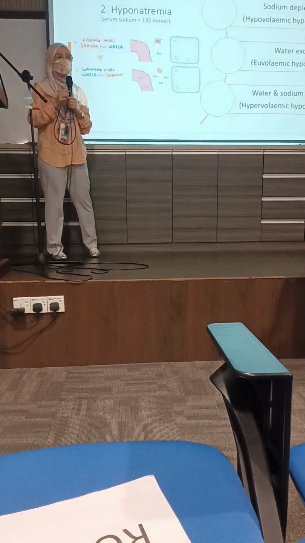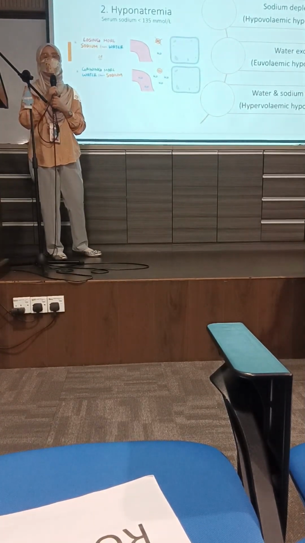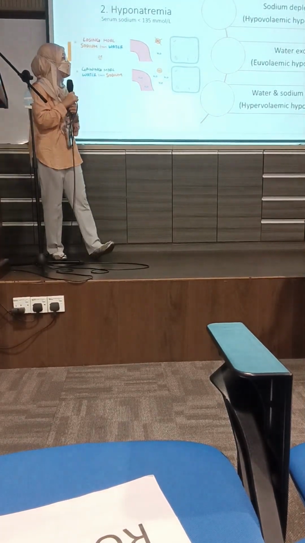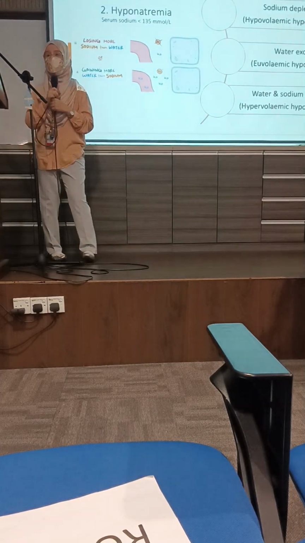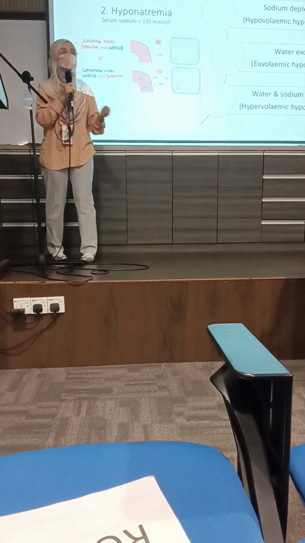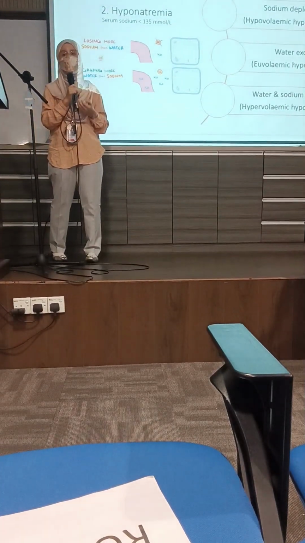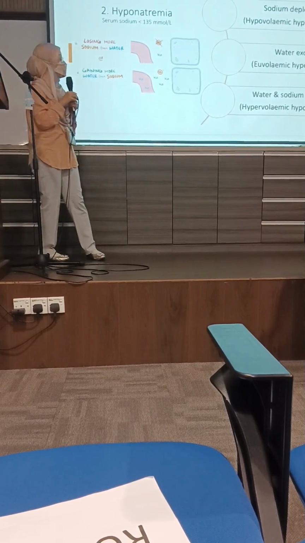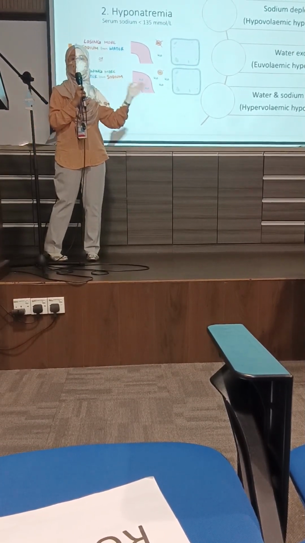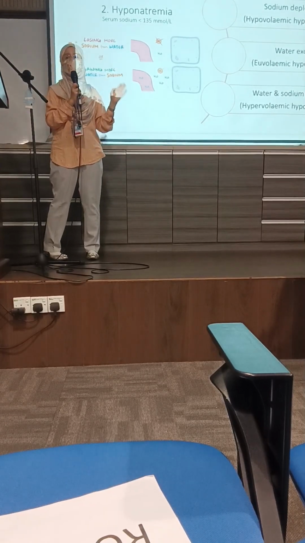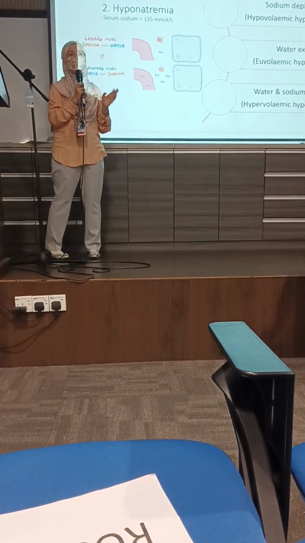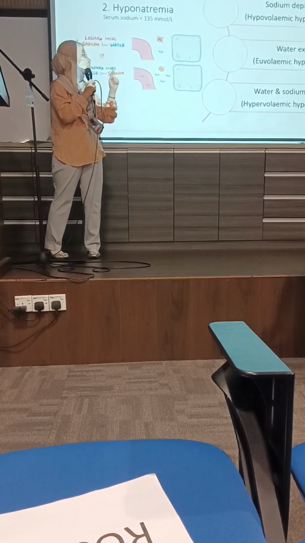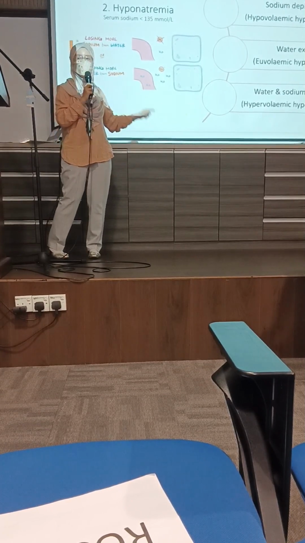Okay. So now we move on to hyponatremia. Hyponatremia is when the serum sodium is less than 135. It can be because you lost sodium, or you have gained more water. You can classify this according to whether it is hypovolemic hyponatremia, euvolemic hyponatremia with water excess, or hypervolemic with water and sodium excess. What do hypervolemic, euvolemic and hypovolemic mean?